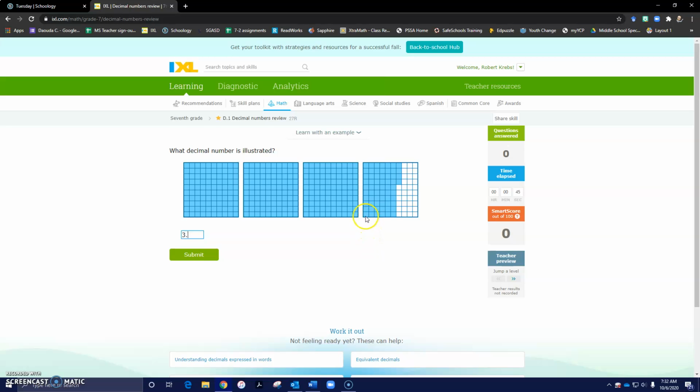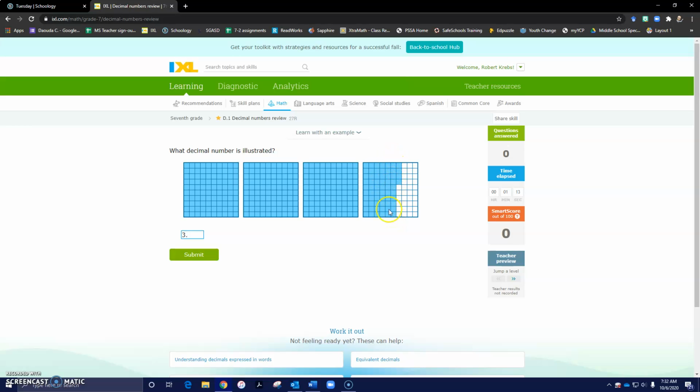Now I have to figure out of 100 how many are filled in. I can sit here and count each individual square, but obviously that would take a really long time. So a quicker way is to count the rows of 10 and count by tens. I see here I have 1, 2, 3, 4, 5, 6 rows that are filled in completely.